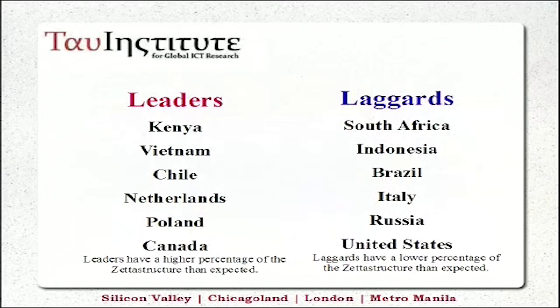So here are some of our leaders. Here are some of our laggards. Leaders have a higher percentage of the Zettastructure than you might expect. It's not just a percentage of GDP; some of them are doing much better relatively than others. Kenya has just emerged over the last year. Kenya was actually not doing that well 5 years ago. It is now. Vietnam, Chile.